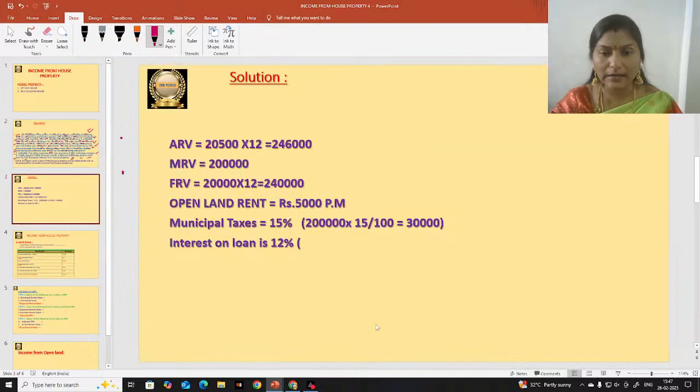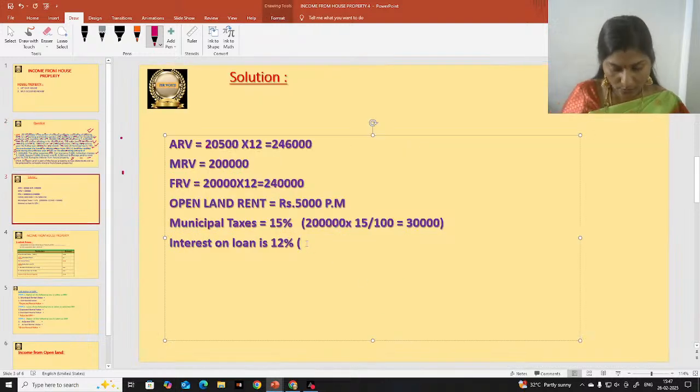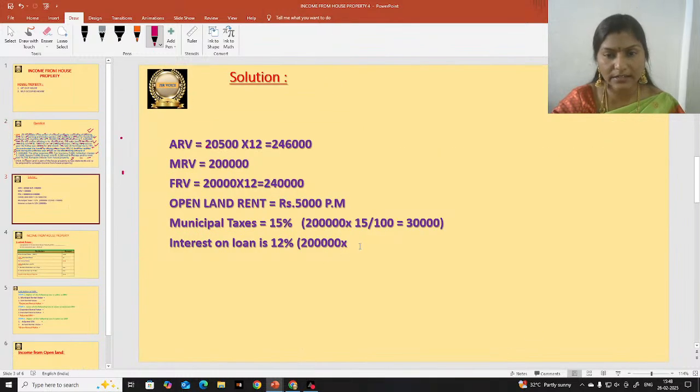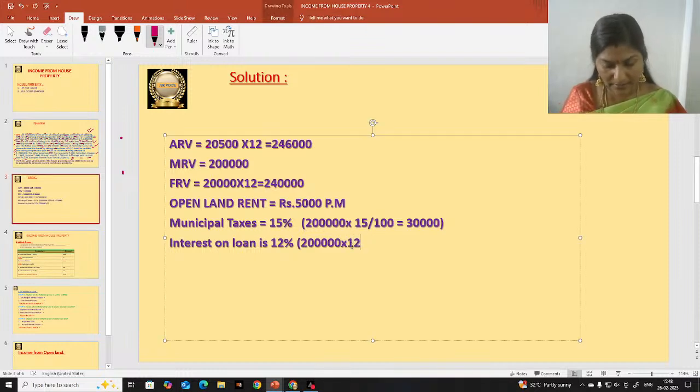Let us go and calculate that. 2 lakhs into, what is the interest rate here? Interest rate is 12%. So 2 lakhs into 12 by 100.